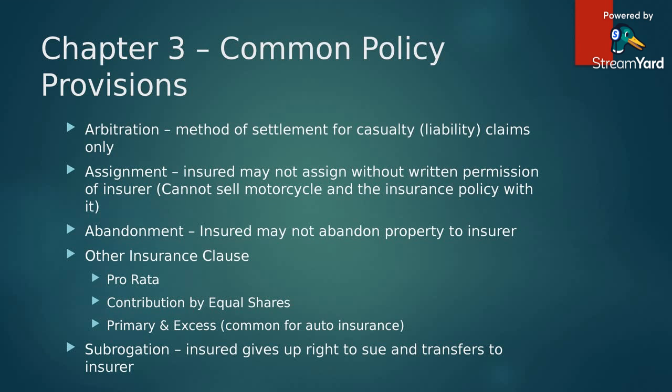So for the pro rata method, the first thing you have to do, and this is where you may have to use a little bit of math, is figure out exactly how much total insurance is on there from all the different insurance companies. So you add up all the different insurance amounts, and then you figure out the total.